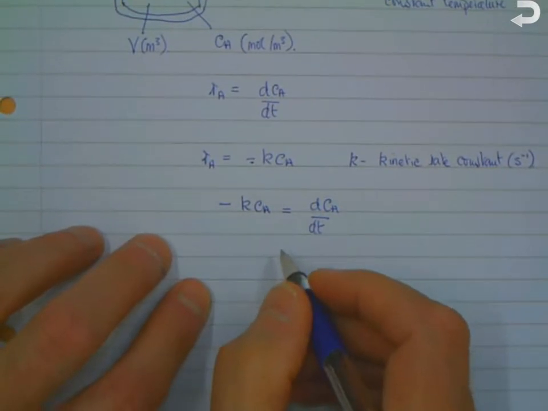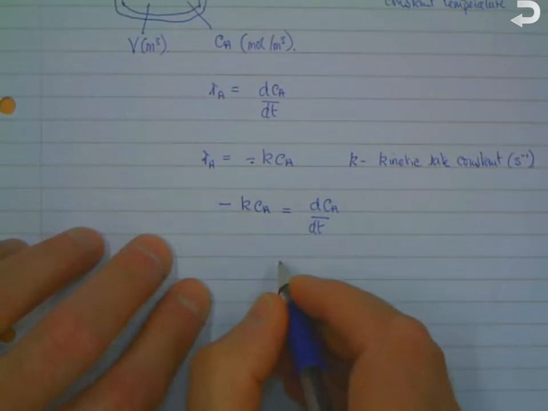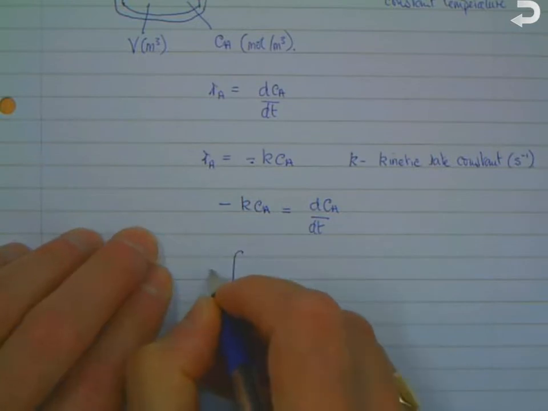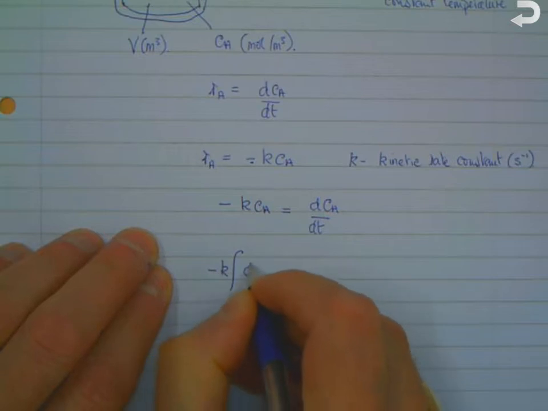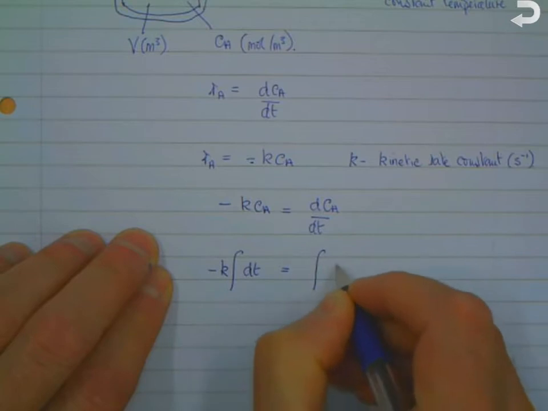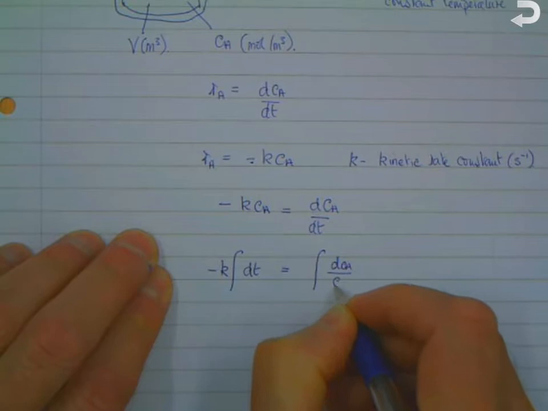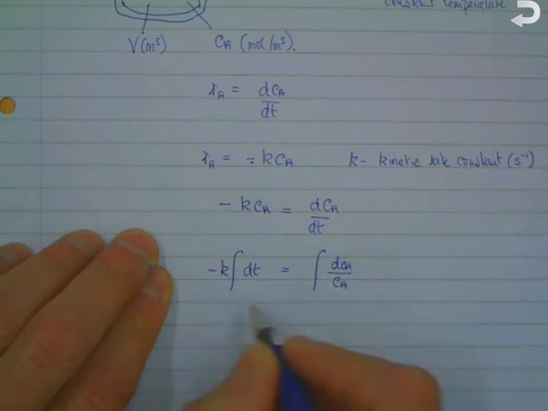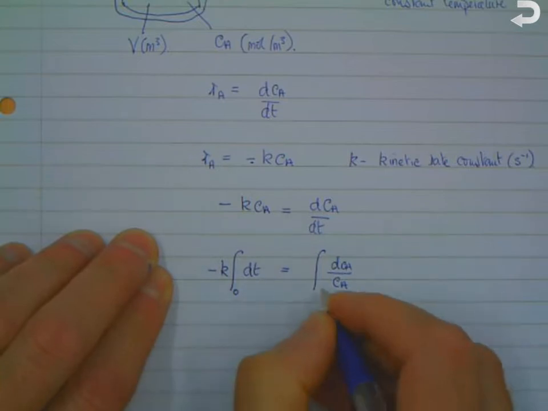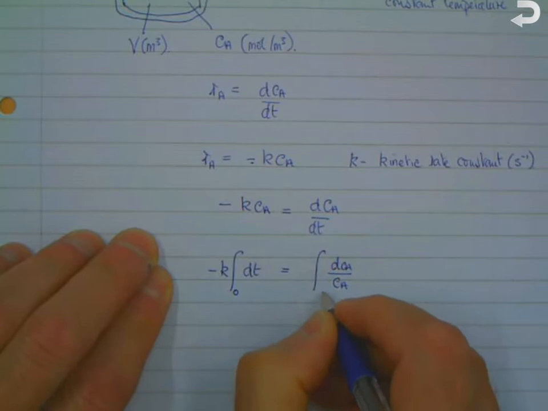And so if K is constant, then we can integrate this expression, and we get minus K times integral dt equals integral dCA over Ca. Now we need to have some limits on these integrations, so we're going to integrate from time t equals 0, so that's the starting point of our reaction.